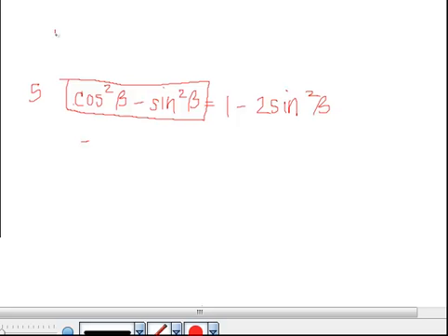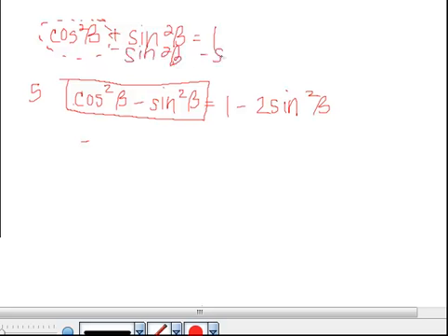That Pythagorean identity, once again, is cosine squared of, this is actually beta, not b, plus sine squared of beta is equal to 1. So I'm going to try to match that cosine that's in my problem, so I'm going to solve for it. So I'm going to subtract sine squared of beta from both sides.